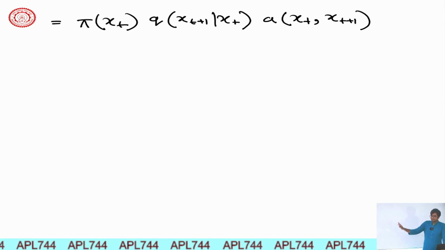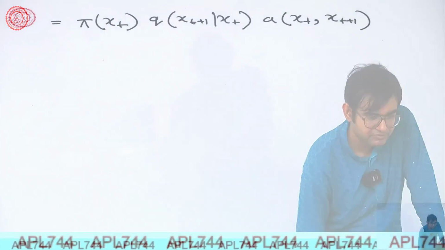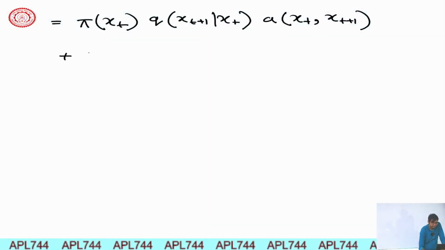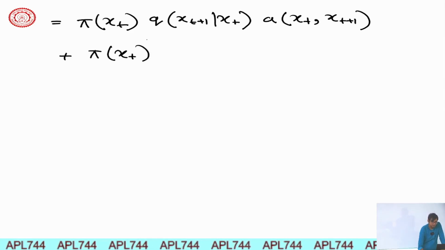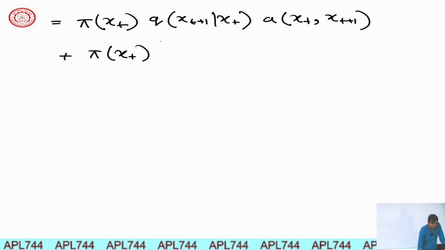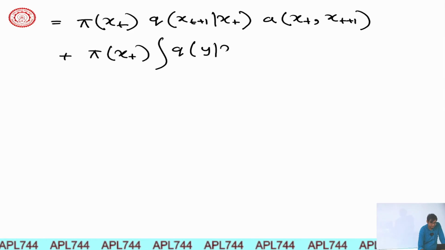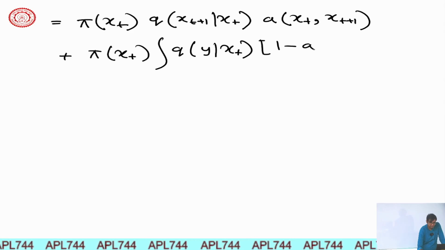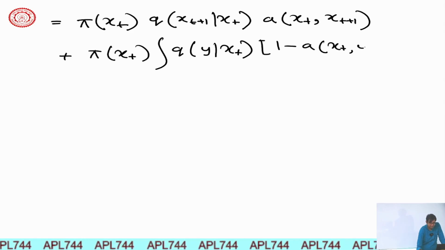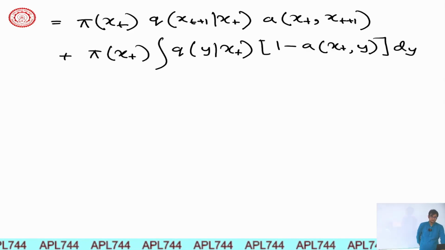Right? This is the first term, multiplied with, I've opened a bracket, plus pi of xt, and then integration of q of y given xt, 1 minus a of xt comma y, dy. Right? Clear?